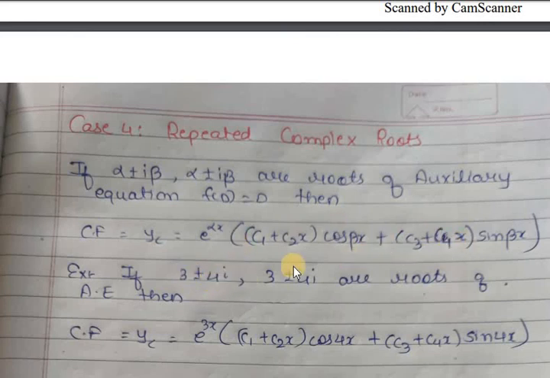So using this formula we will get yc is equal to e raised to 3x because alpha is 3, in bracket c1 plus c2x cos 4x because beta is 4, plus c3 plus c4x into sin 4x because beta is 4. So this is our final answer of yc.